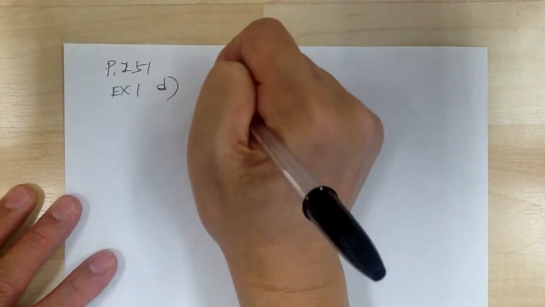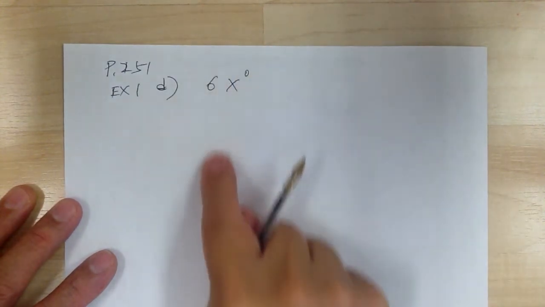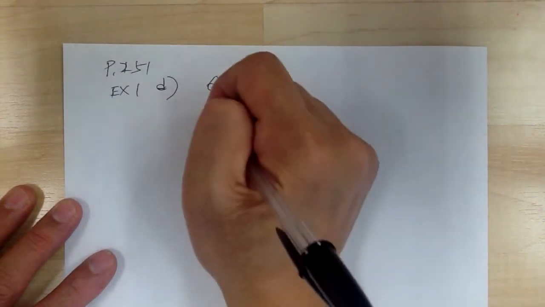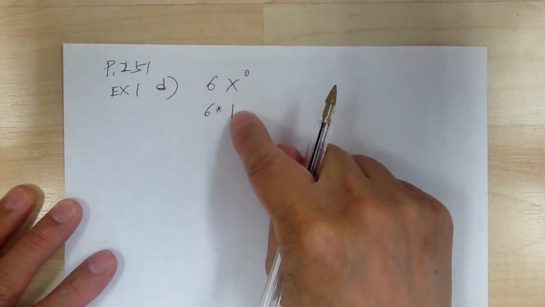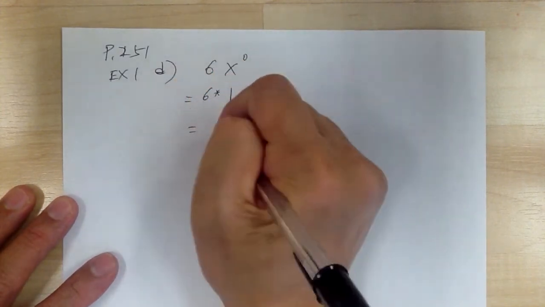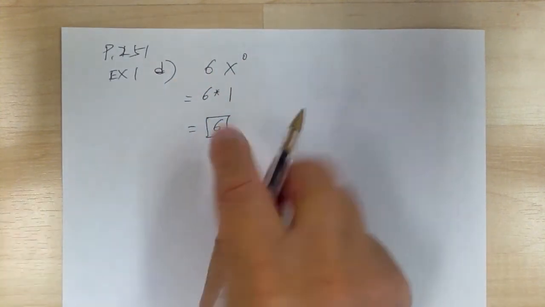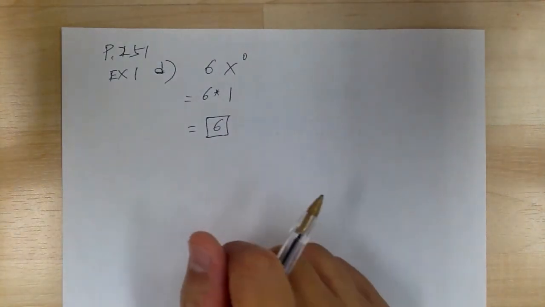You have to pay attention to 1D because you have 6 times x to the 0 power. So you can go down so you can line things up. This is equal to 6 times 1 because x to the 0 power is 1. But there's a 6 in front, and so this will equal 6. That's why you want to go down so you can line things up and do it step by step.